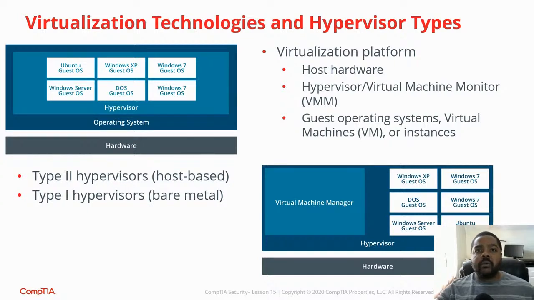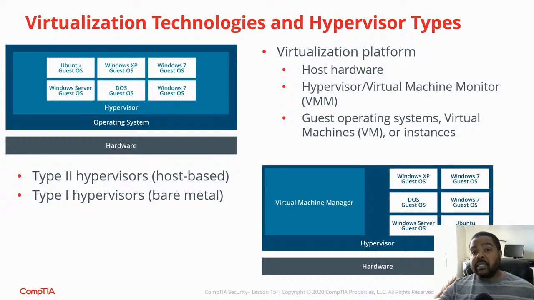Now, a type two hypervisor will be something more where you have hardware, but then it has an operating system already installed on it, and then we actually go in there and allocate some of the hard drive and memory space that's given by the OS, and we can actually spin up virtual machines off of that.